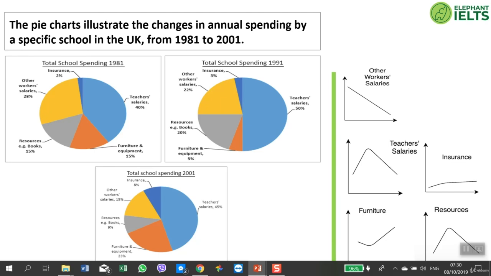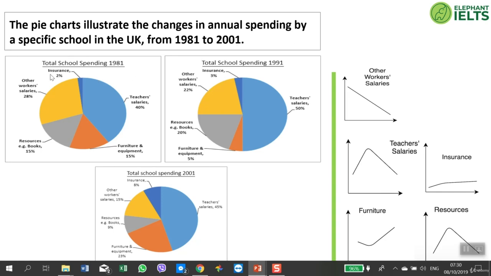What do these pie charts represent? Well, using the information given, our introduction would say the pie charts illustrate the expenditure of a particular school in the United Kingdom on 5 different areas between 1981 and 2001.